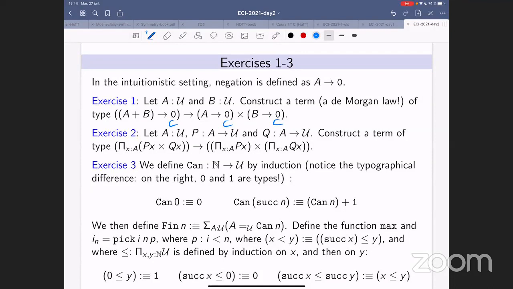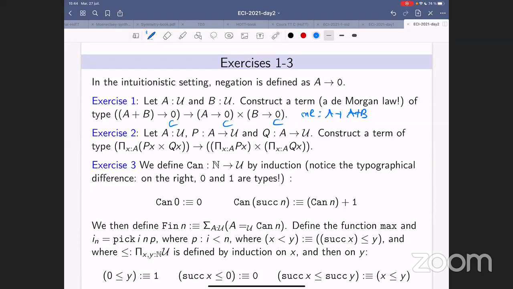For the first one, remember that with the plus type comes the in left and the in right. So in left is something that goes from A to A plus B. Suppose that you have a function from A plus B to C, you just have to post-compose it with in left.